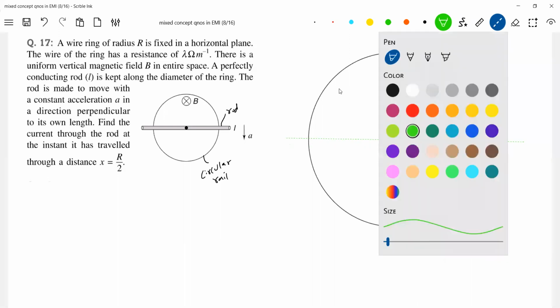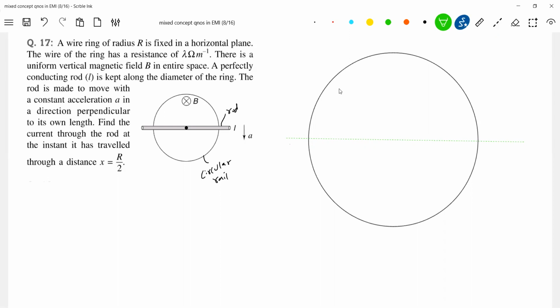Finally, somewhere at x equal to r by 2.